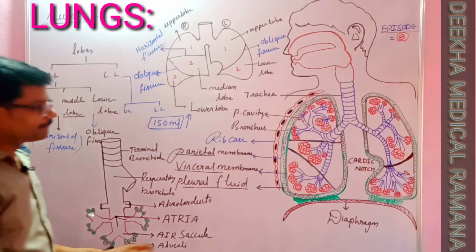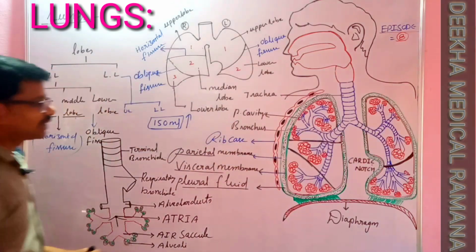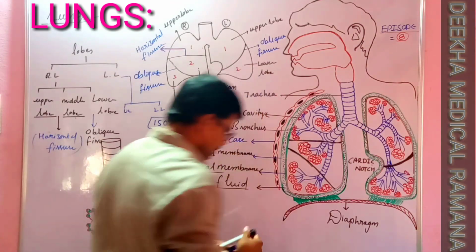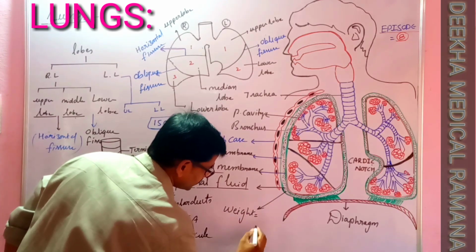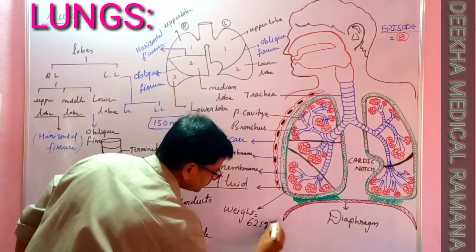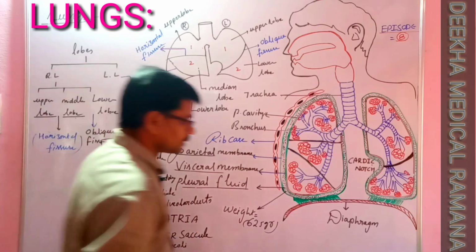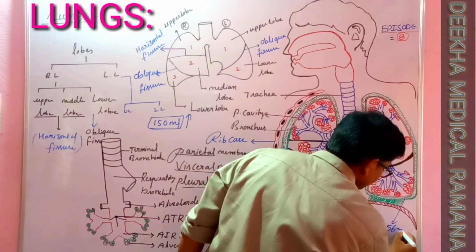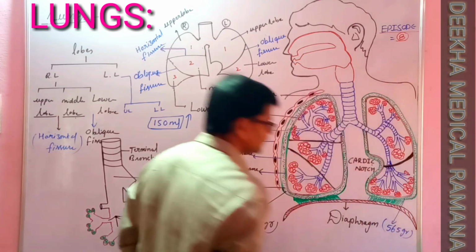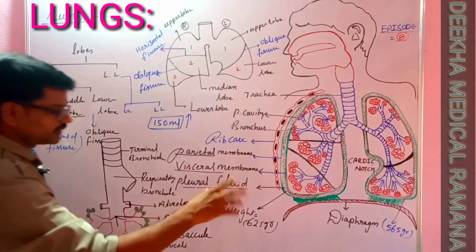Now I'm talking about the sizes of the right lung and left lung. The weight of the right lung is 625 grams. The weight of the left lung is 565 grams. This is important, the weight.